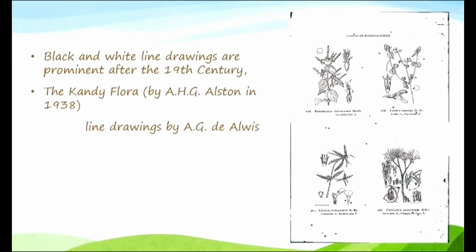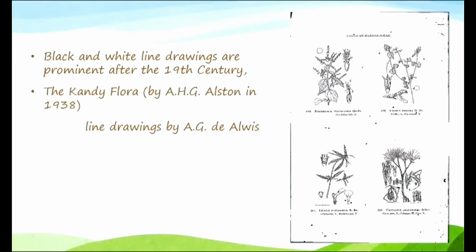And another event, I think most of you know about the Kandy Flora by A.H.G. Alston in 1938. In this Kandy Flora, Alston explained the flowering plant species which can be found around Kandy.